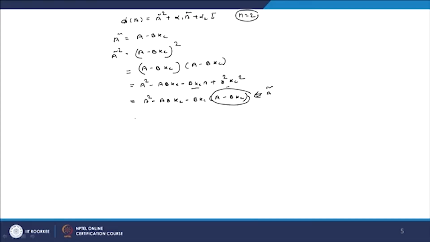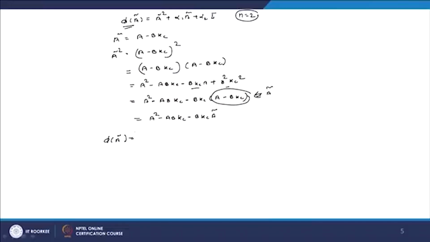So we can write this equation as A square minus AB into Kc minus B into Kc into A bar. So we have got A bar square. Now here this phi of A actually is phi of A bar. Now we have got these equations. Now we will replace these values and see what type of results we can achieve.